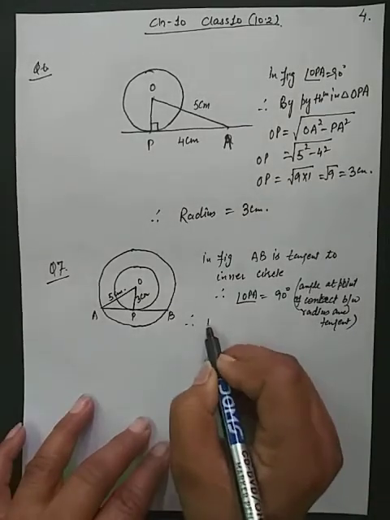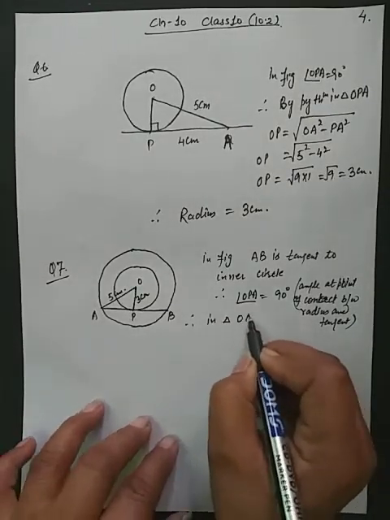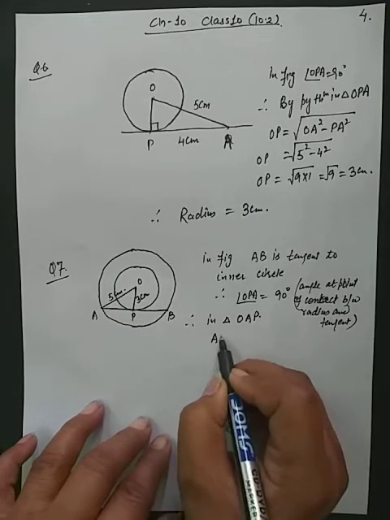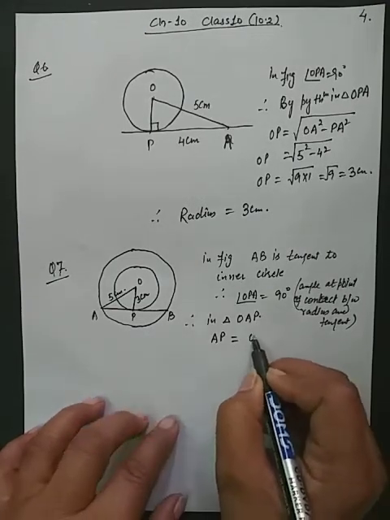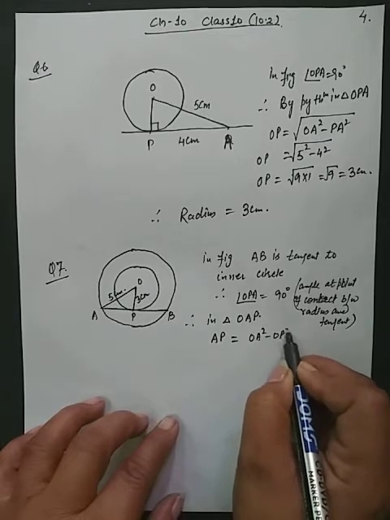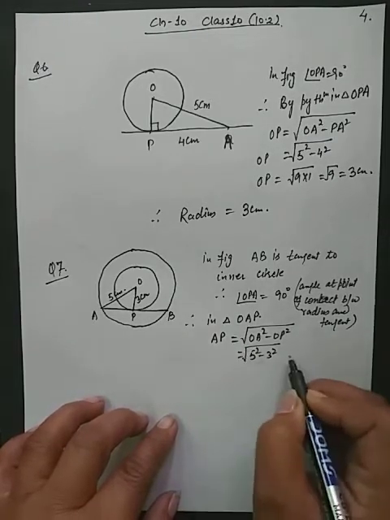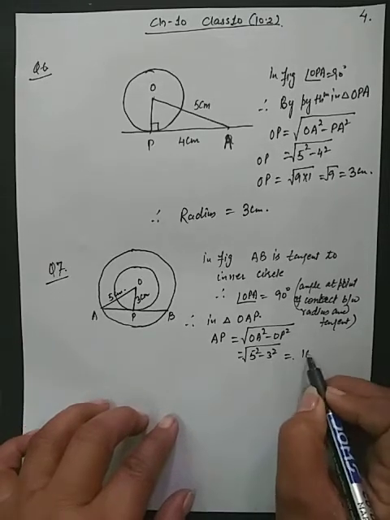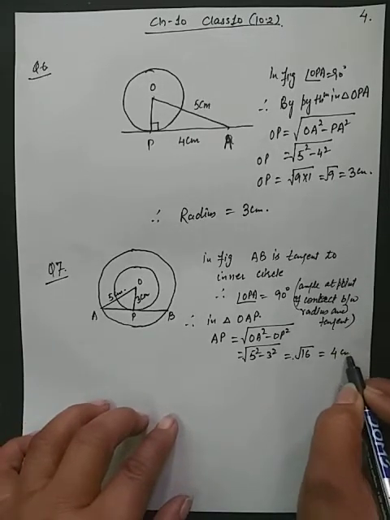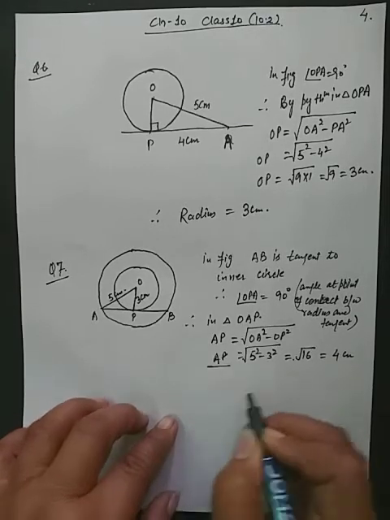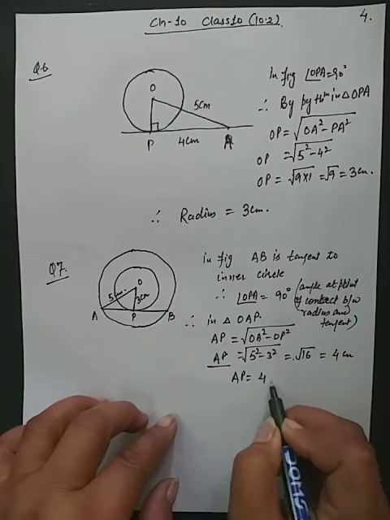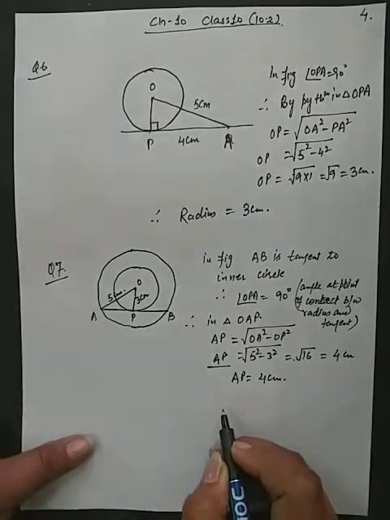So therefore in triangle OAP we can find AP and AP will be the square root of OA square minus OP square. So it will be 5 square minus 3 square and it will be 25 minus 9 under root 16. This will be 4 centimeter. So we get AP is equal to 4 centimeter.